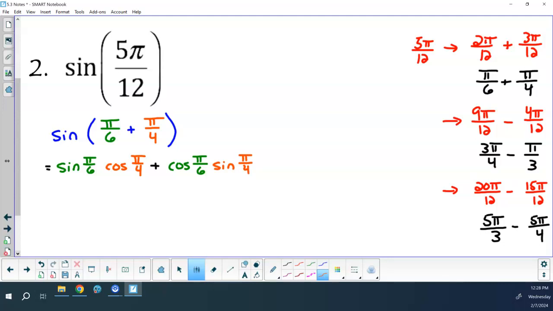Sine at pi over 6 is 1/2. Cosine at pi over 6 is square root of 3 over 2. Cosine at pi over 4 is the square root of 2 over 2. Sine also is that.